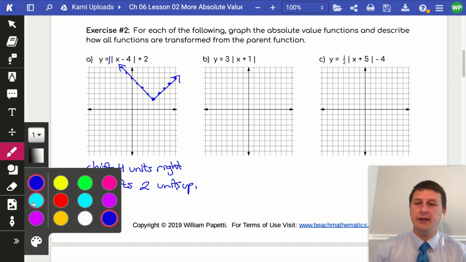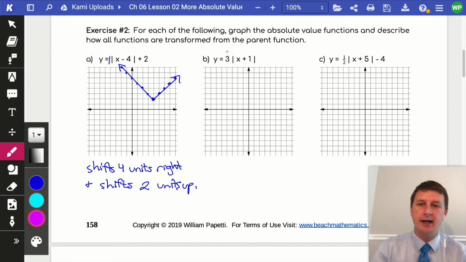Now looking at part B, we have a different kind of looking one because we're not adding and subtracting inside and outside. We're doing something inside and then we're multiplying. So in part B, we're adding 1 inside, so this is going to be shifted to the left 1 unit.